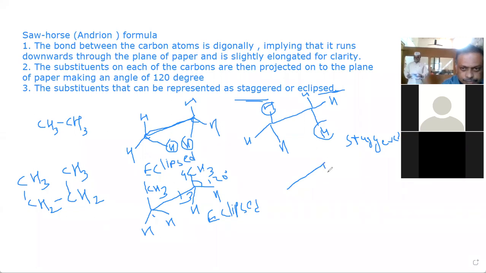CH3, CH3, H, CH3, H. This is staggered conformation.